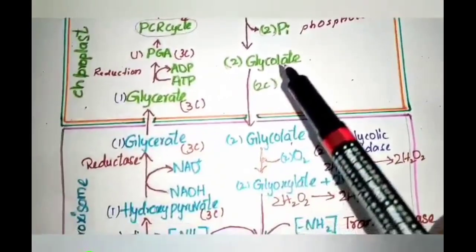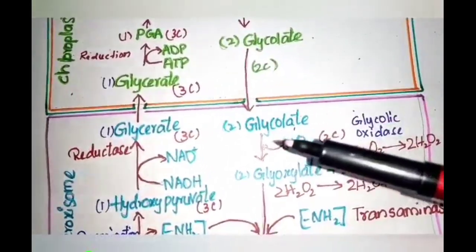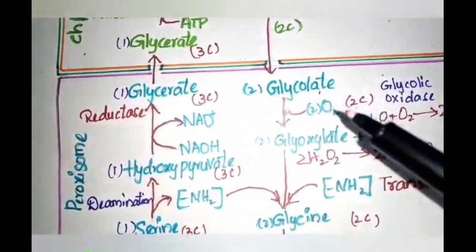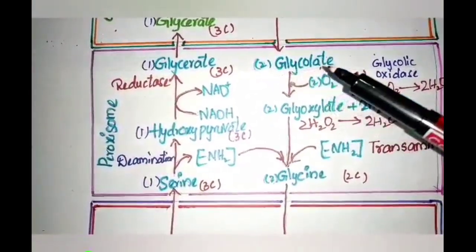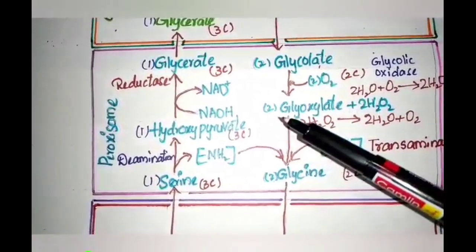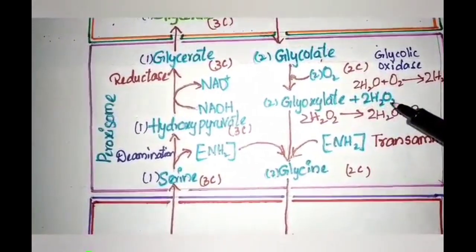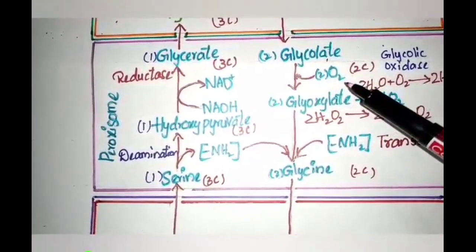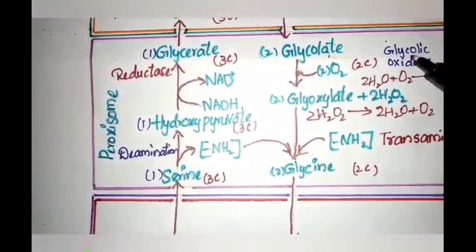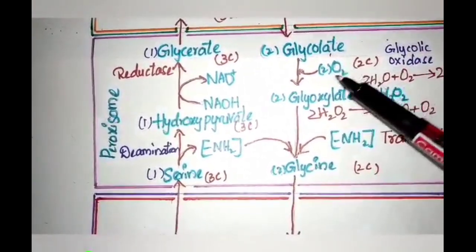Now this 2-carbon glycolate is transferred from the chloroplast to the peroxisomes. These 2 moles of glycolate are converted into 2 glyoxylate plus 2 moles of hydrogen peroxide. This conversion is possible by the addition of 2 moles of oxygen. Glycolic oxidase enzyme is used. Where does the oxygen come from?